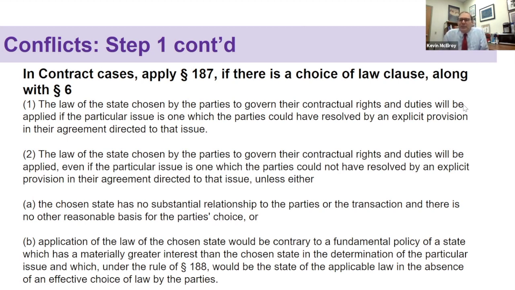But if the contractual provision says Tennessee, and it's a close call, they're going to let you walk around any mandatory rules of Kentucky, because Kentucky doesn't have a materially greater interest.